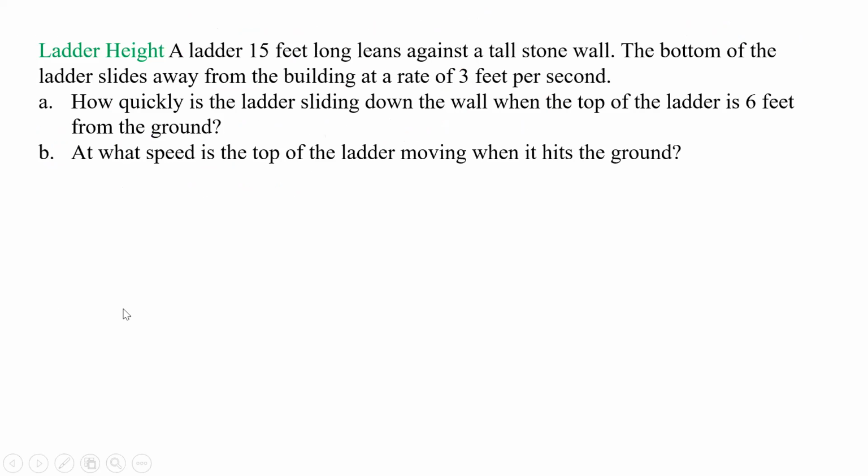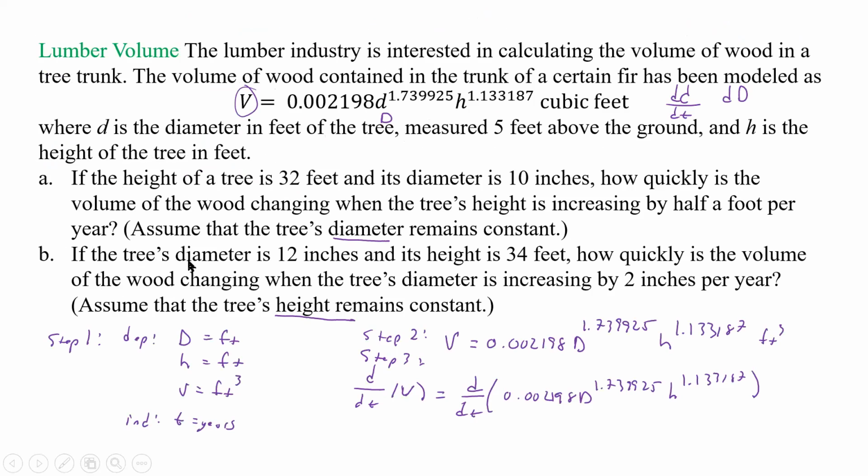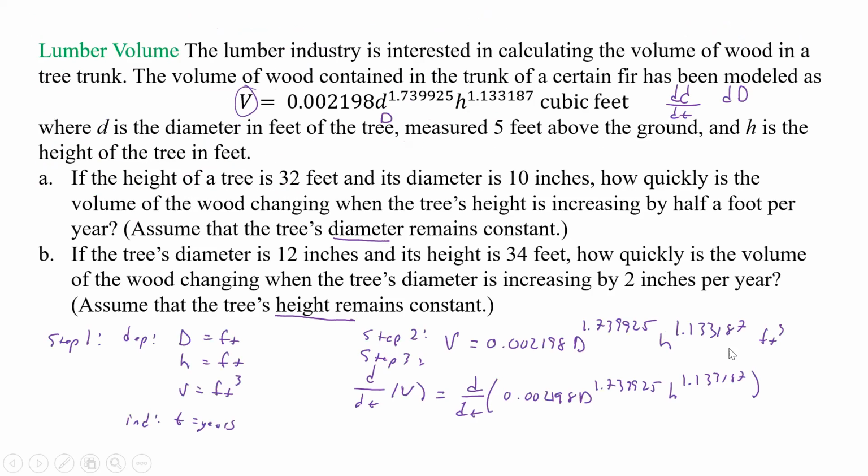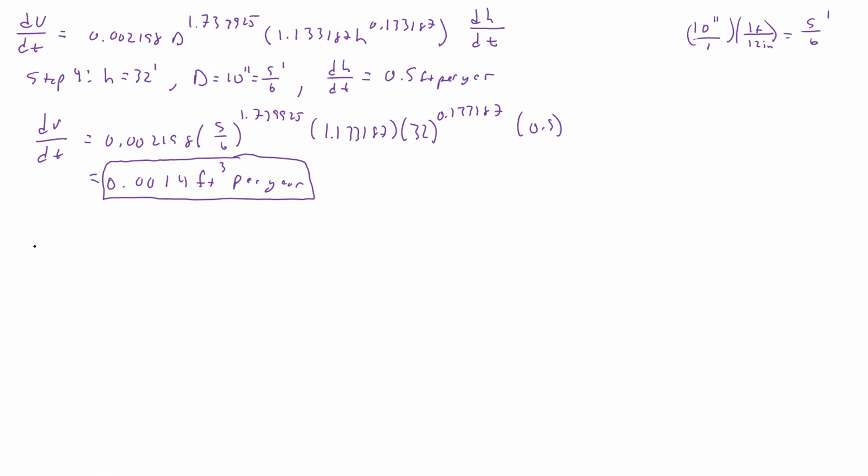Now, oops, the other key value is that we have to take the derivative with respect to the diameter. And so the height now is a constant. Basically, we're going to do the same thing starting here, but we're going to take it with respect to D instead of with respect to H. And so we're going to start with step 3 again.